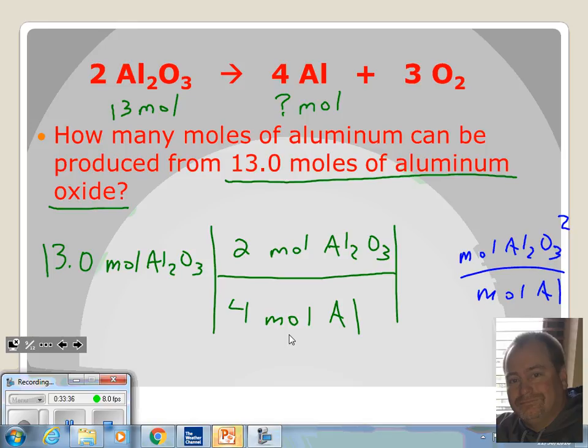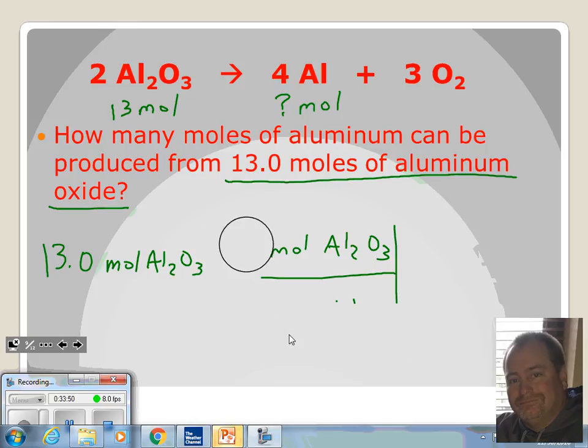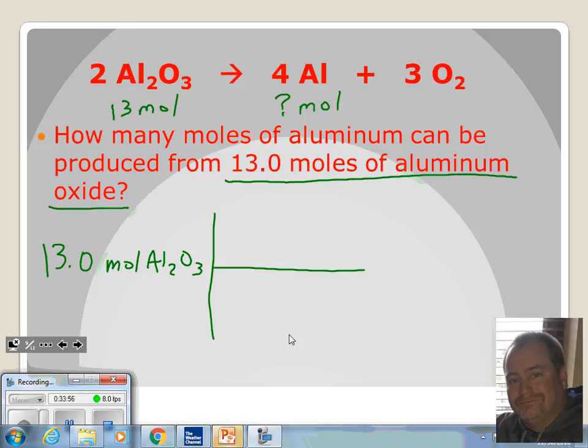Remember when we were converting from dozen to donuts? Dozen to donuts, this is the same thing. It's just something we're not nearly as familiar with. So I have to get that cancellation to occur. In order for that to occur, I look and see what value I was given.